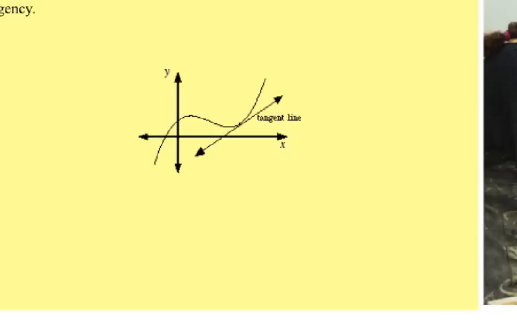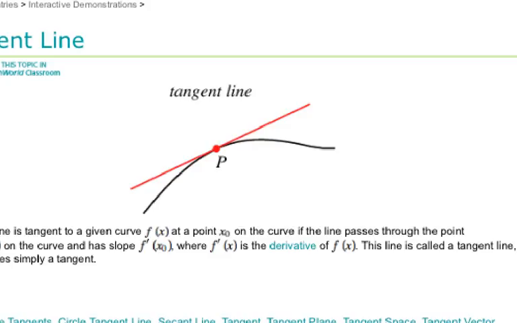And so anywhere there's a curve, you could have a tangent line, and a tangent line just touches the curve in exactly one point. And it matches the curve at that one point and the slope at that one point, and then it never touches it again. Here's another picture of a tangent line.